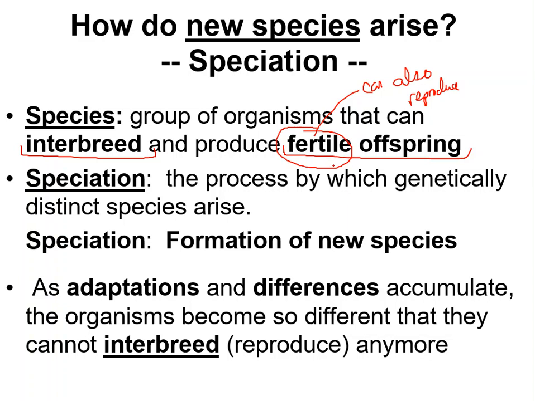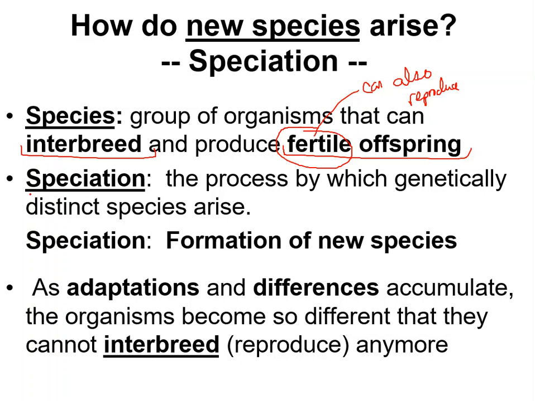And the mule, the resulting offspring, is sterile. It cannot reproduce, so therefore you can deduce the donkey and the horse are different species. So yes, you have to be able to interbreed, but the offspring also must be fertile.